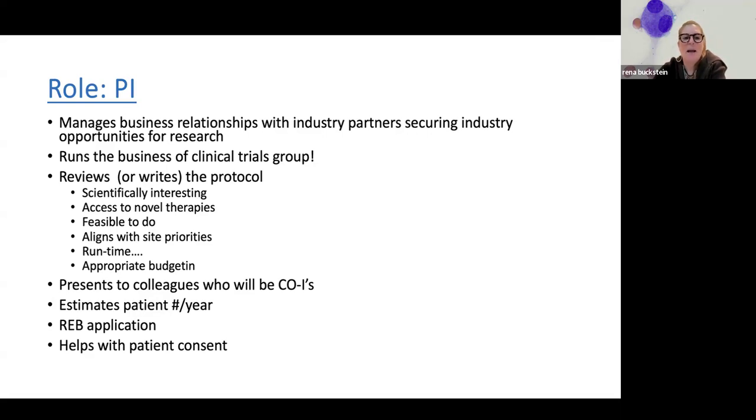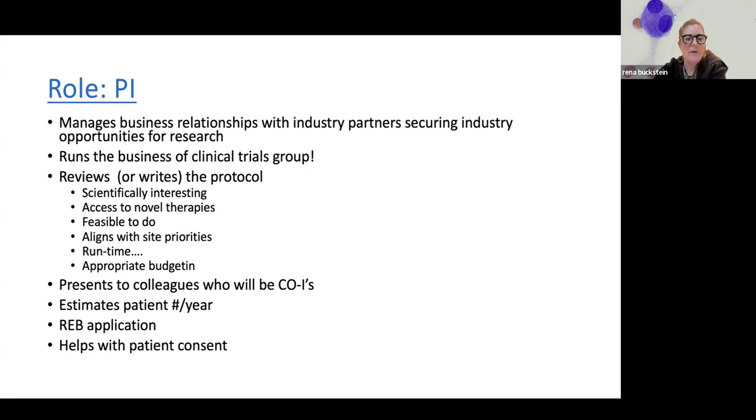The PI, I have learned over the course of the last 15 to 20 years, basically is running a business. The clinical trials group that they are overseeing with the staff that they have is a business. And you have revenue and you've got expenses, and you have to make sure that your revenue matches your expenses, or preferably that you're actually in the black and not in the red.